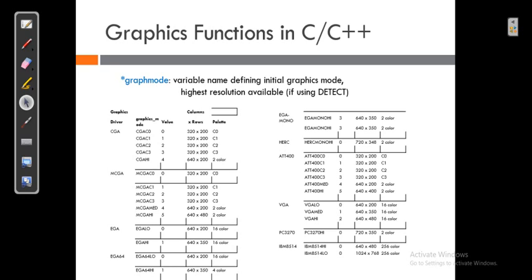Nowadays we are working with 1024 by 768 resolution, 256 colors. Many more resolutions are supported nowadays, not only VGA, but SVGA, XVGA. If you are using the DETECT keyword, it will automatically detect the best possible or suitable resolution available for your screen. You need not input that as the second argument.